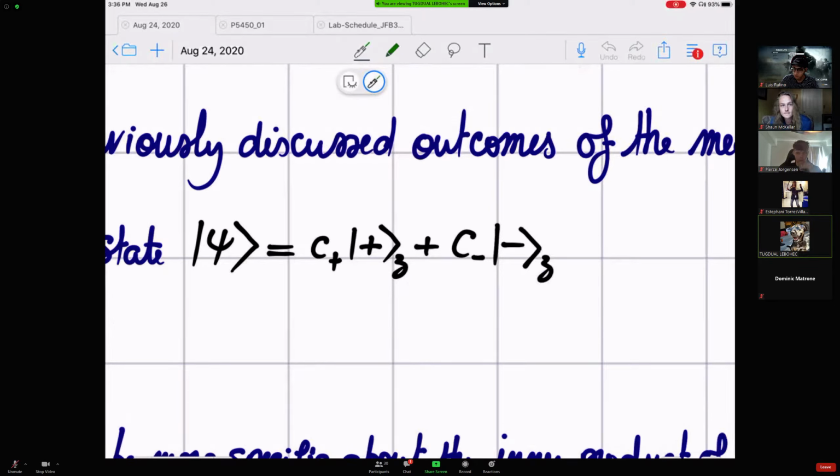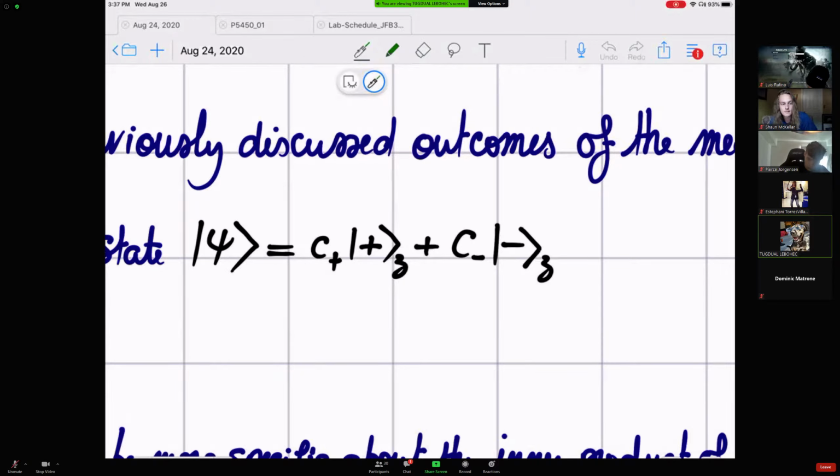Since when we measure the z component of the angular momentum we find plus or minus h bar over 2, that means there are only two possible pure states from the point of view of angular momentum. So these two vectors are sufficient to map the entire state space. If I form a linear combination of these two vectors by means of two coefficients, c plus and c minus, I can reach any vector in that vectorial space.